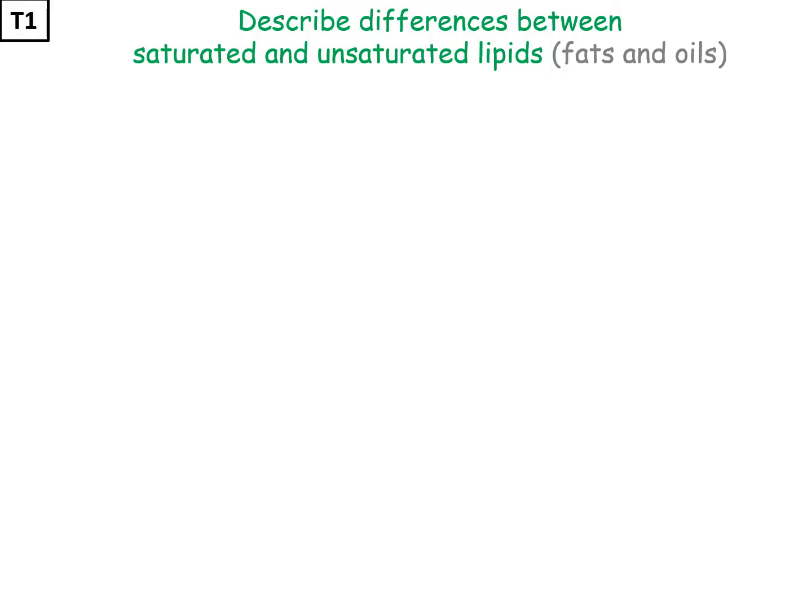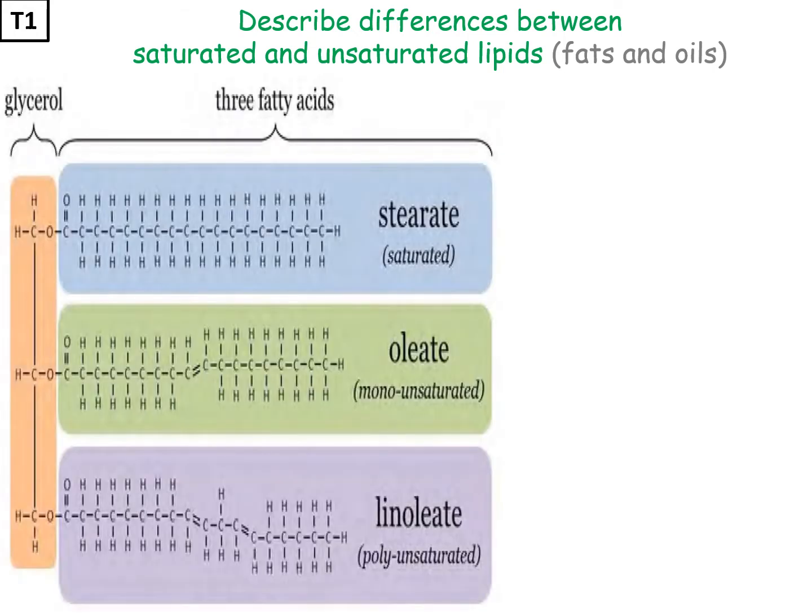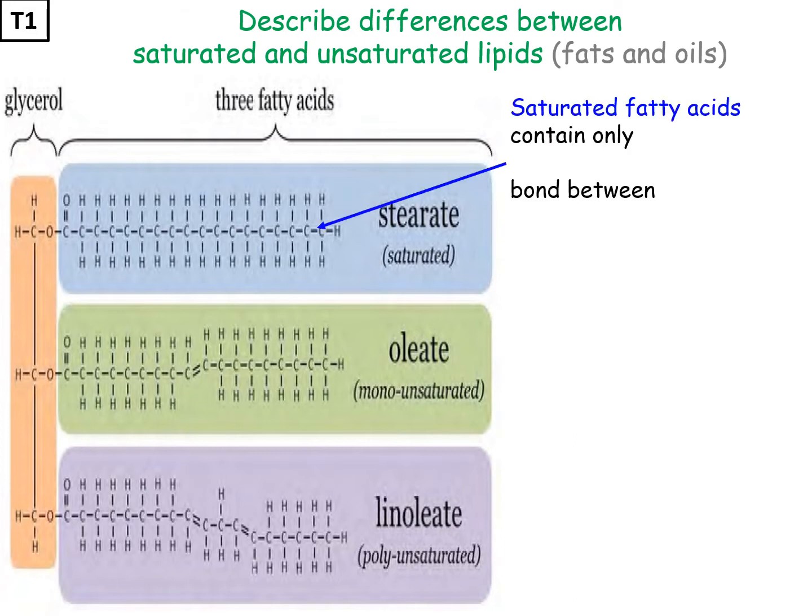Describe differences between saturated and unsaturated lipids. So here we can see a triglyceride where we've got a glycerol and three fatty acids bonded to each other. And lipids can be different to each other due to their hydrocarbon chain.